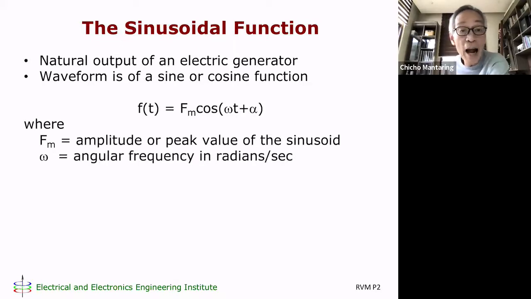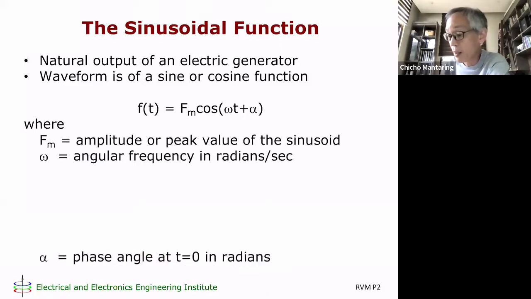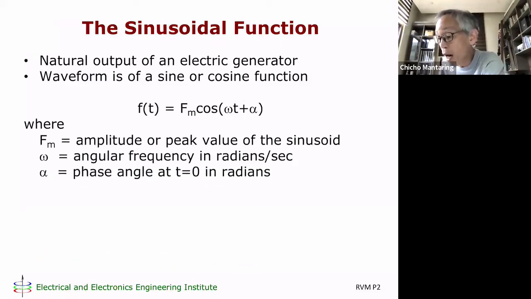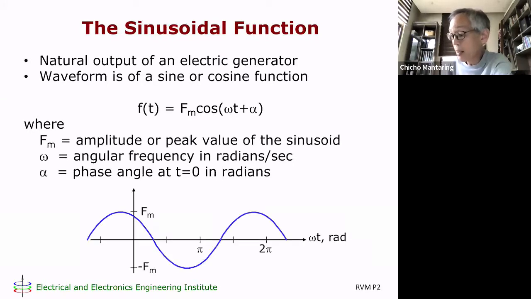Omega is what we call your angular frequency, which is in radians per second. And alpha is what we call our phase angle. This is the phase angle at t equal to 0 in radians. I think that's easier for you to visualize. If I have this sinusoid, this is my alpha, my phase angle at t equal to 0.